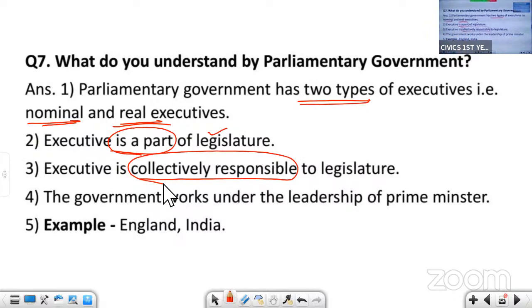There is a principle of collective responsibility, where all the ministers along with the prime minister are answerable to the legislature. Parliamentary government works under the leadership of the prime minister. Examples of the parliamentary form of government are England and India.